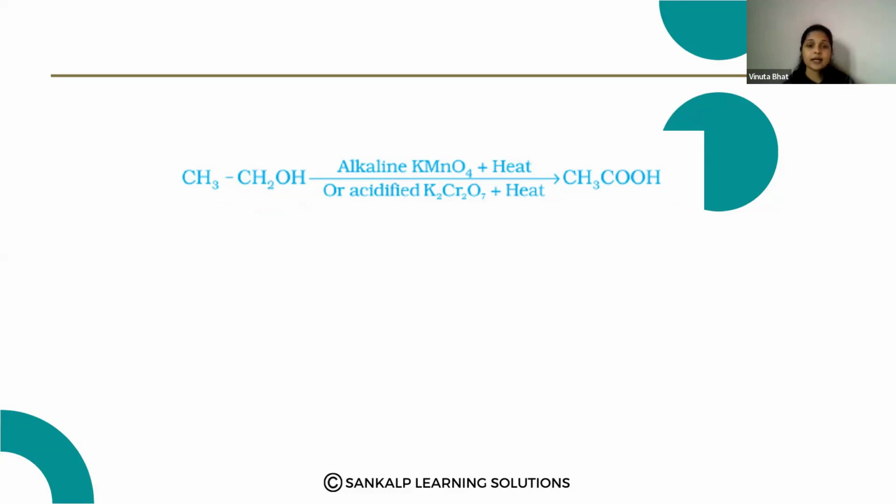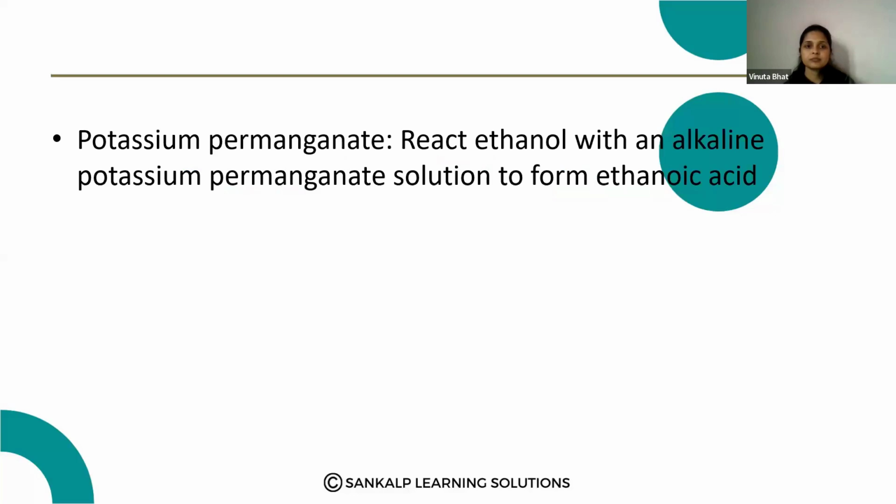Or you can use acidified K2Cr2O7, potassium dichromate. React ethanol with an alkaline potassium permanganate solution to form ethanoic acid.